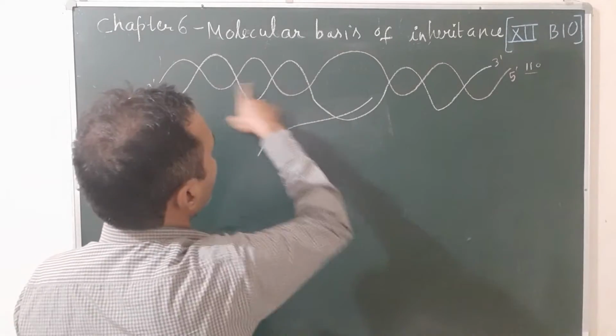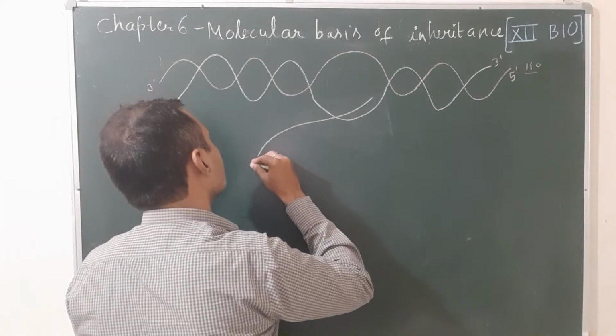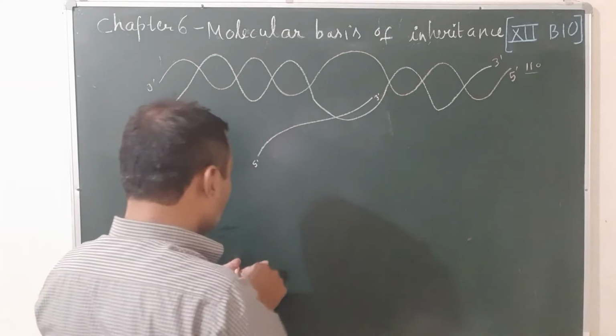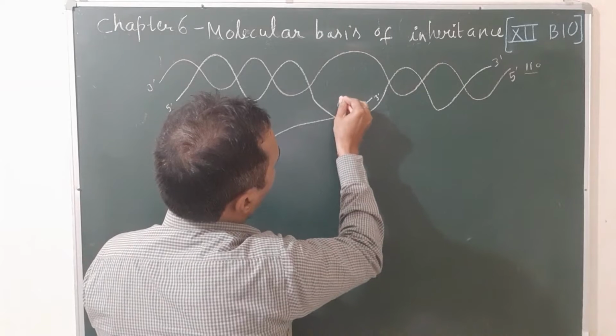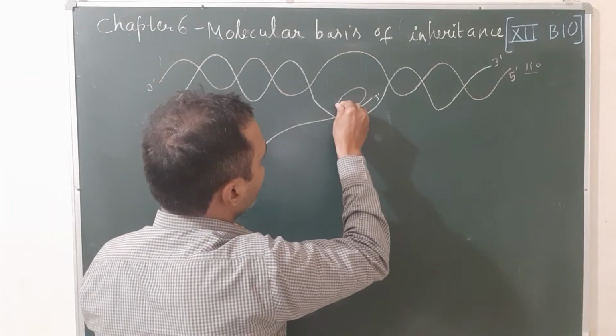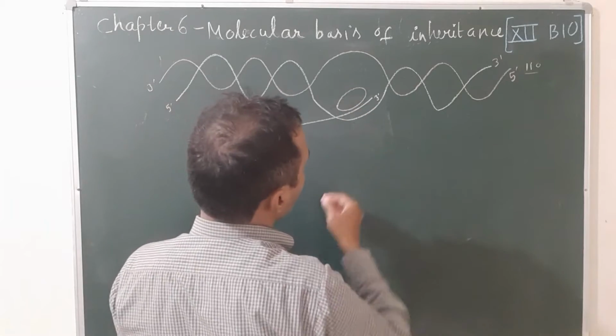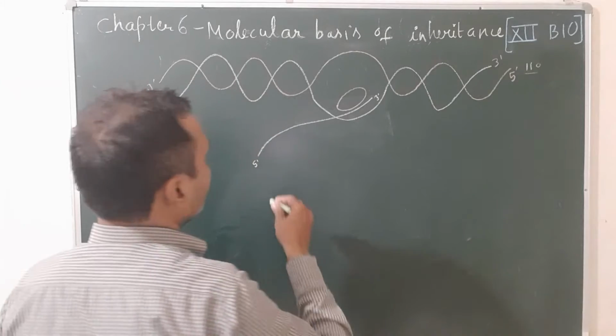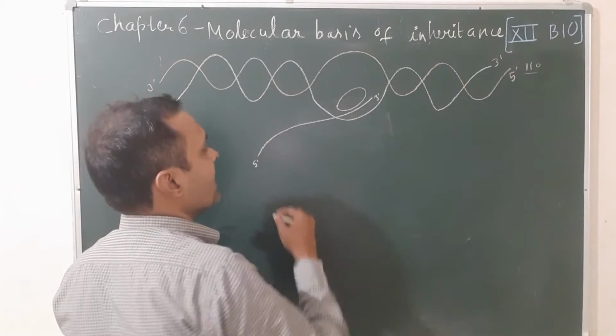Suppose this is the 3 to 5, so RNA is synthesized in the 5 to 3 direction with the help of which enzyme? RNA polymerase enzyme. So this is the RNA polymerase that synthesizes a new strand of RNA in the 5 to 3 direction, and this RNA is known as mRNA.